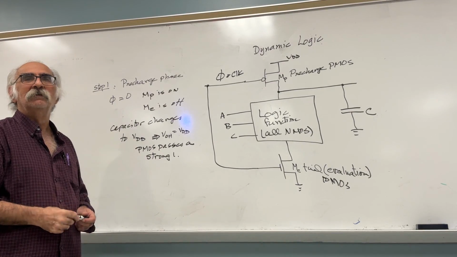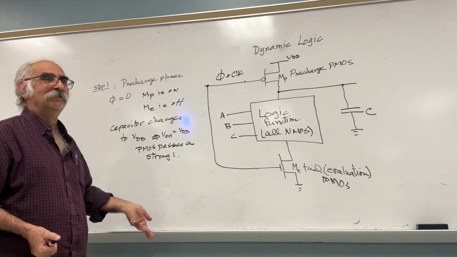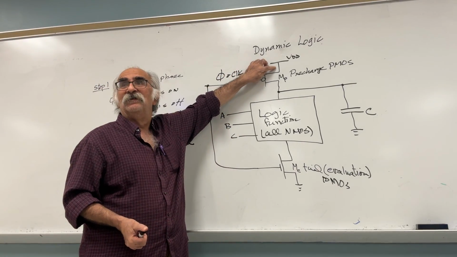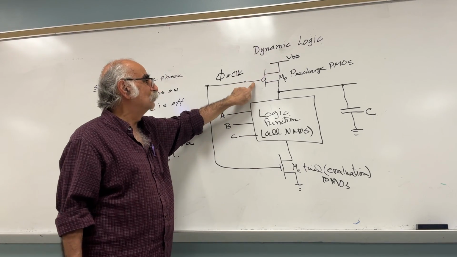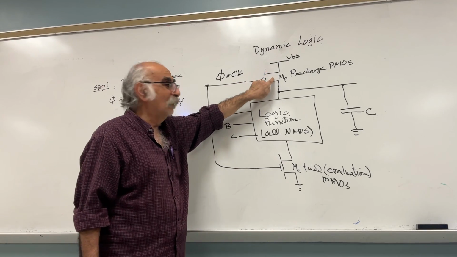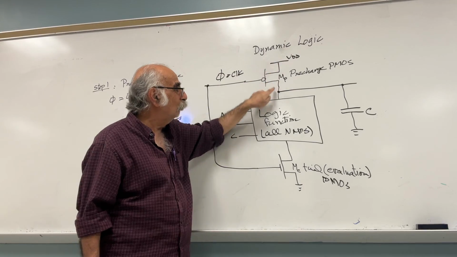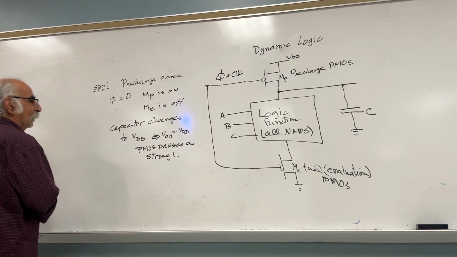This is the VDD. The transistor is on, the value here is 1, and the capacitor will charge to 1. Clear?